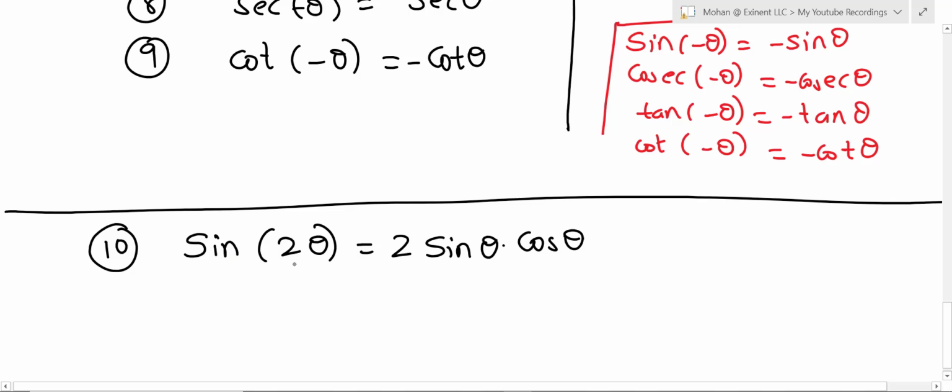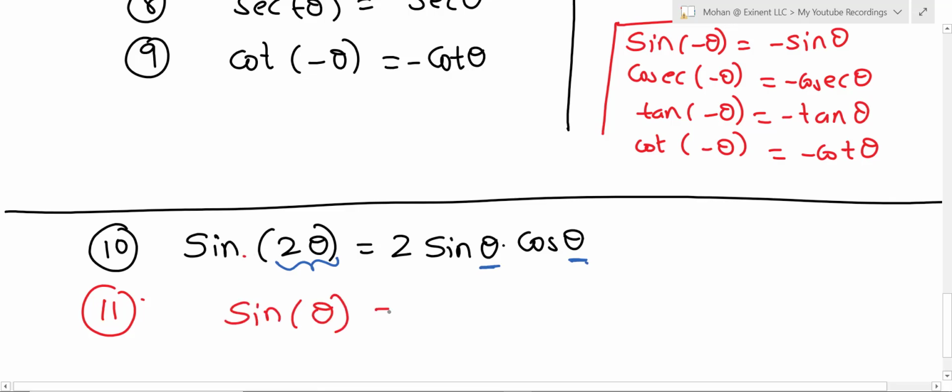Now whenever the angle here is 2 theta, this is becoming half. 2 theta by 2 is theta. So both of these have become half of that. Let us try to understand how the half angle will work. Now instead of sine 2 theta, what if I take sine theta only?